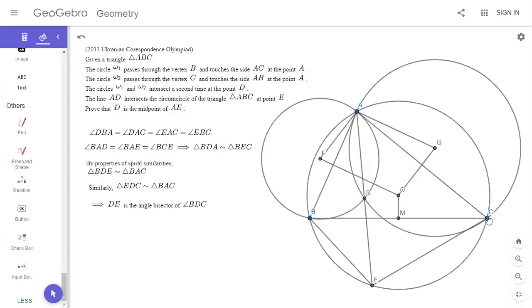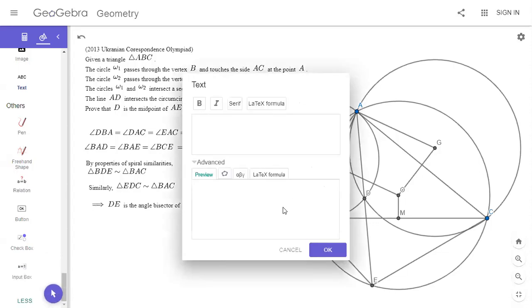So I guess once we show BDOC is cyclic, it's not hard to show that OD is perpendicular to it. So I'll say let OM intersect BE at K.